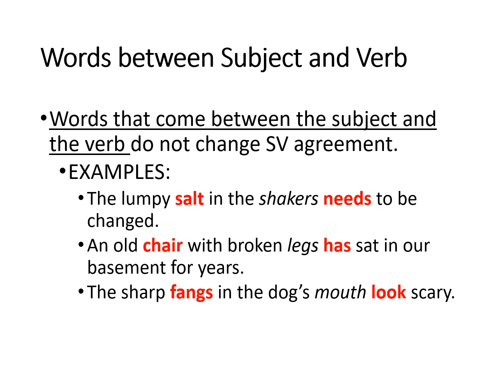In the second sentence, we have here two probable subjects. We have old chair and broken legs. Now the confusion comes in when we look at the number of these two nouns. Chair is singular while legs is plural.